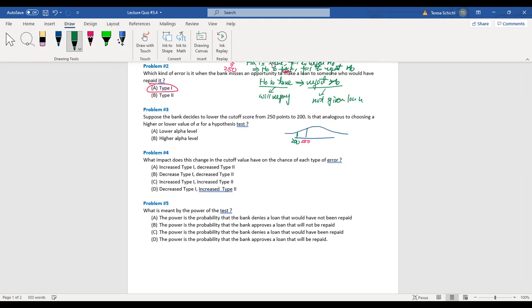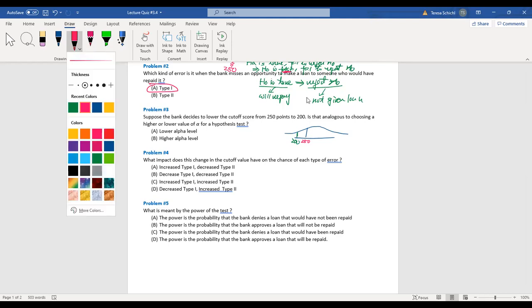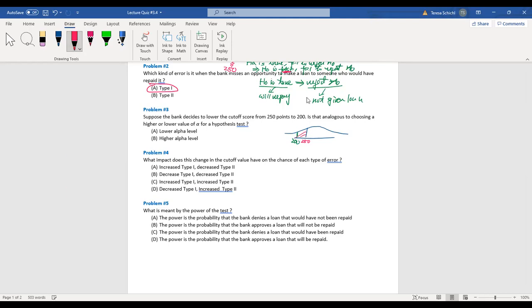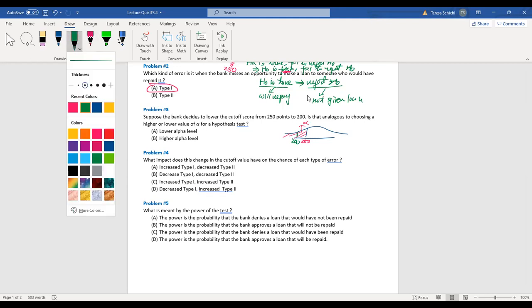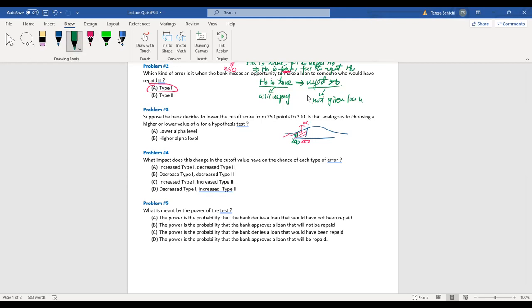Now, what happens here is the alpha value. We know the alpha value is the probability in the rejection region, right? So for the 250, this is my alpha value. I use the color code, it's red. Then when I reduce to 200, the green one will be my new rejection region.